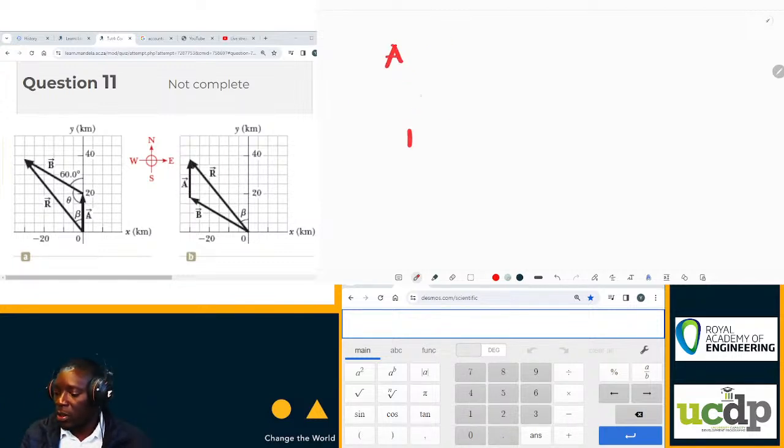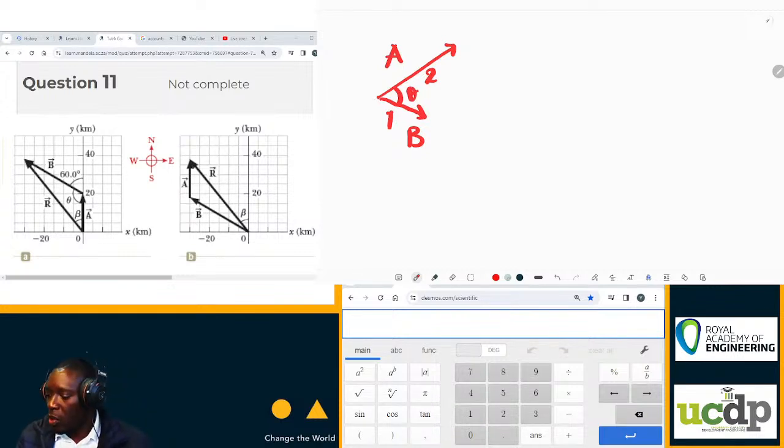Okay, let me continue with the same magnitudes. Vector A, which initially was 2, and vector B, which is 1. And they are linked by an angle between them, which is theta.